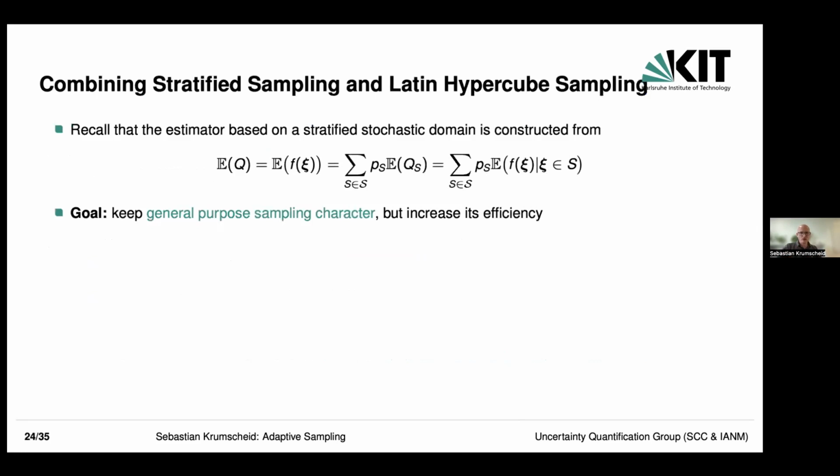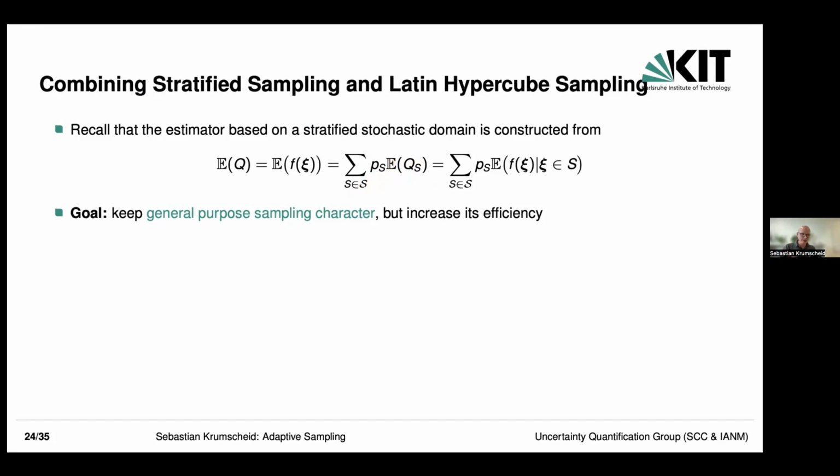Okay, so let's recall the idea of our stratification estimator is to have this particular splitting here. You're decomposing into the sum over expectations in each stratum times its size. We want to keep this, and that's just a sampling-based estimator, right?